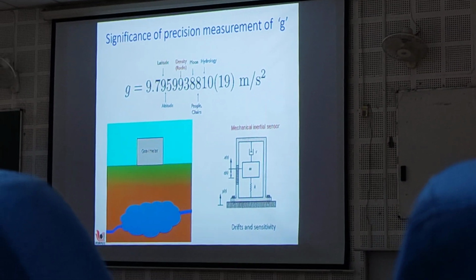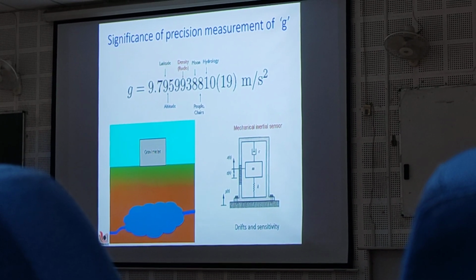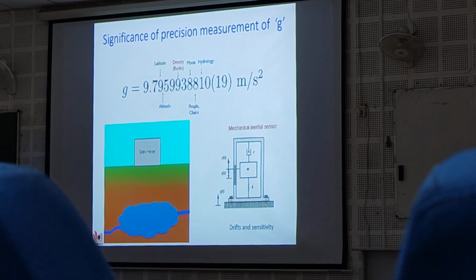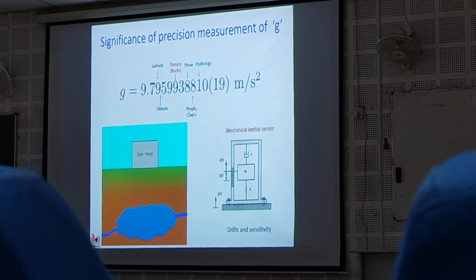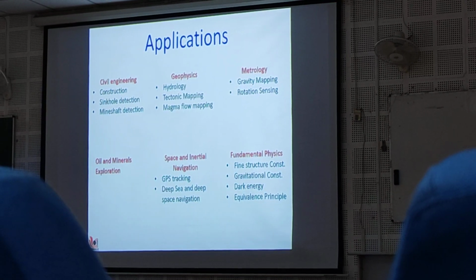Now the advantage with atoms is that atoms are absolute gravimeters, absolute sensors. They don't need calibration, as opposed to some other sensors like suspended masses, which need regular calibration. They are not absolute sensors.